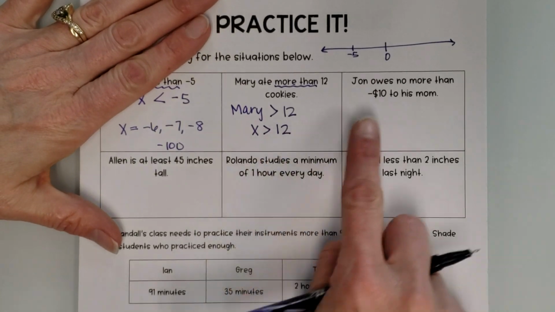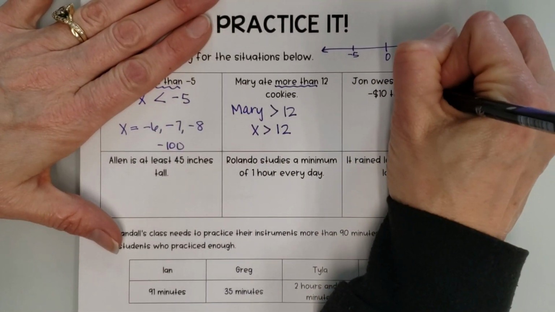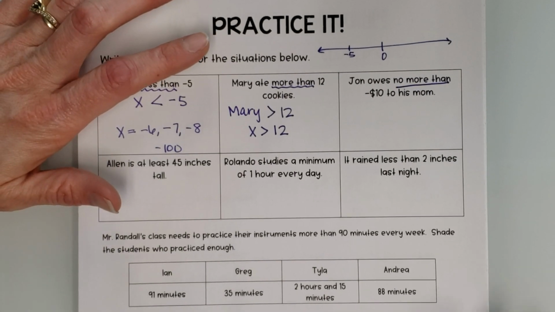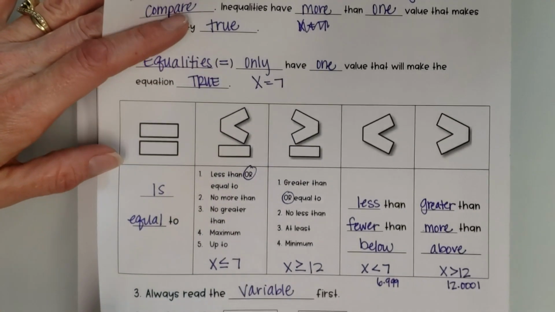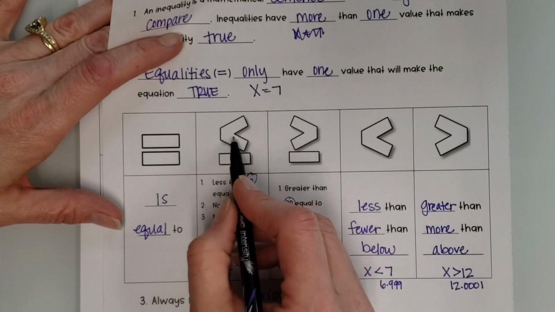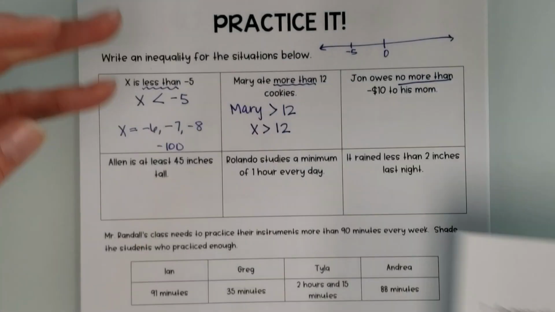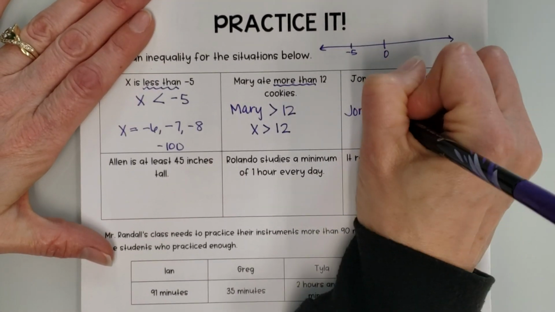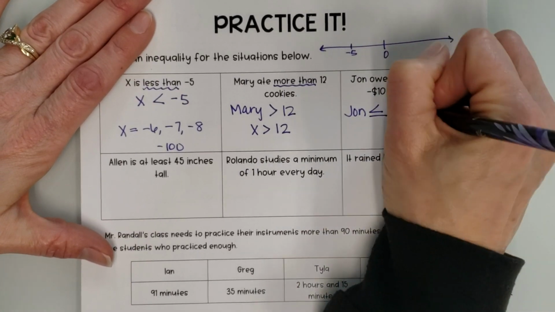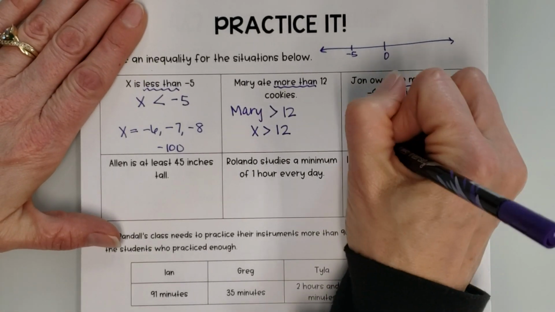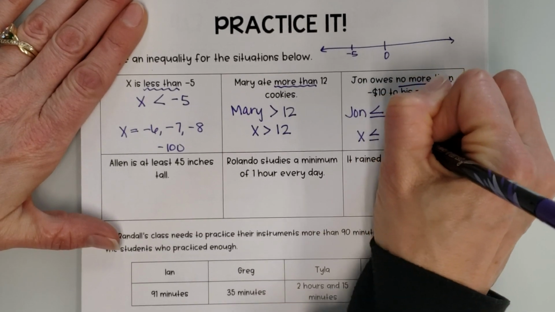John owes no more than negative 10 to his mom. If I go over here, no more than is right here, so it's going to be this less than or equal to one. John owes less than or equal to negative $10 to his mom. We're going to write that with a variable this time.